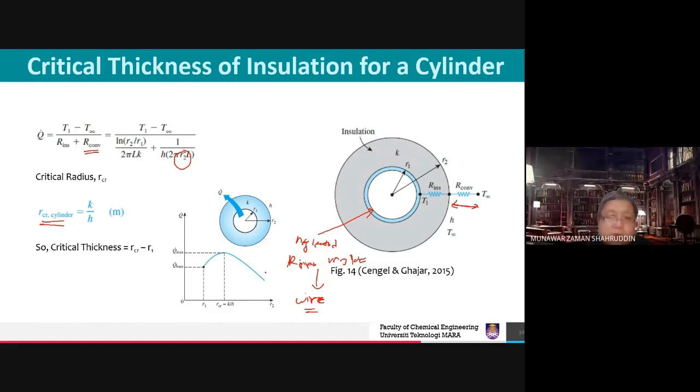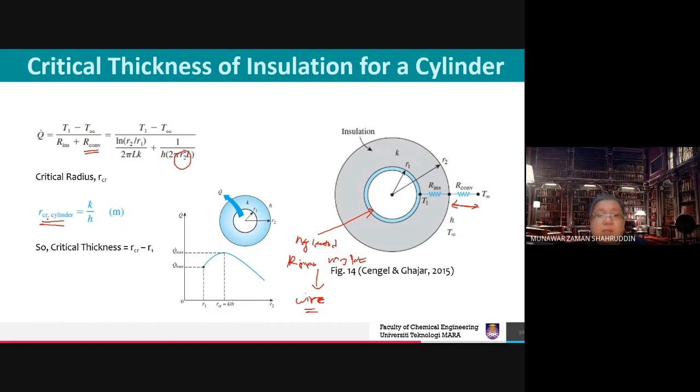So you takkan tak melecur lah tangan kalau pegang wire kan. Because of banyak heat yang keluar, so temperature dia akan lebih rendah. So that is the target lah for electrical wire. So bila kita insulate tu, kalau kita insulate terlalu tebal pun akhirnya dia akan jadi isu kepada convection ni lah. That is what critical radius is all about.